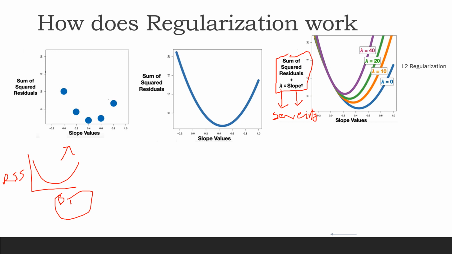So what is happening here is that at different lambda, when lambda increases, the minimum point, the global minima that we have to get, has shifted from here to here. So there is a shift of global minima. But even at a freakishly high lambda, we see that it is still not zero.